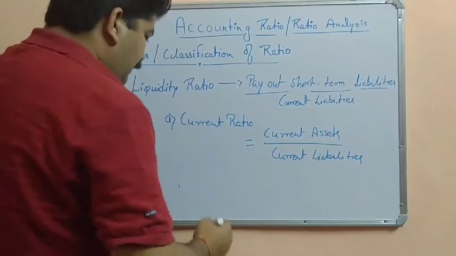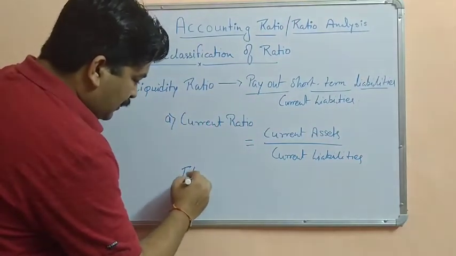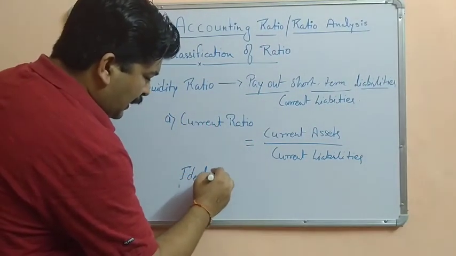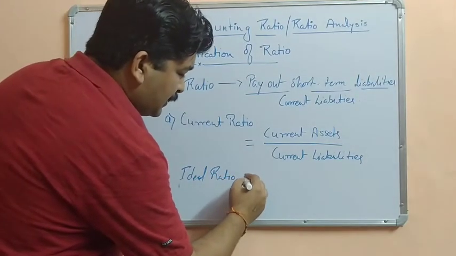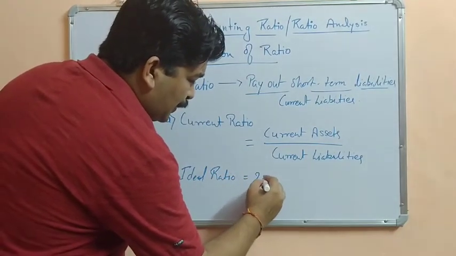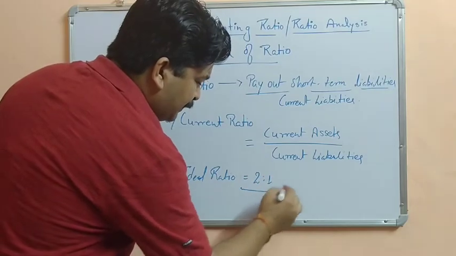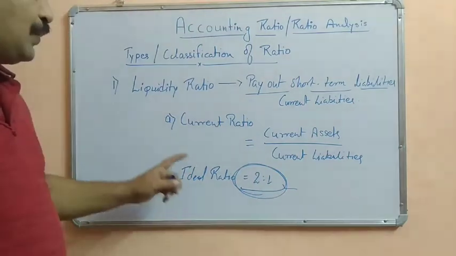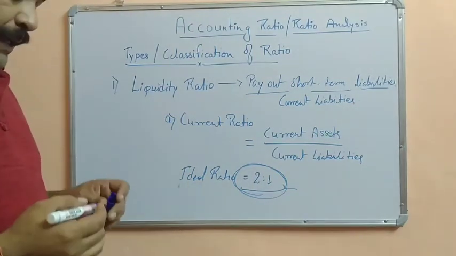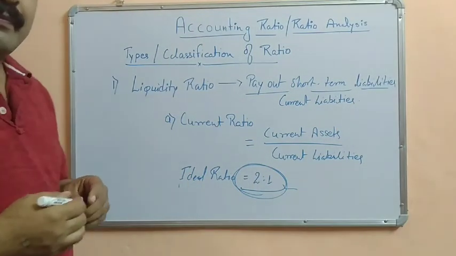This is the formula. Ideal current ratio is 2 is to 1. If any firm's current ratio is 2 is to 1, it will be considered ideal.